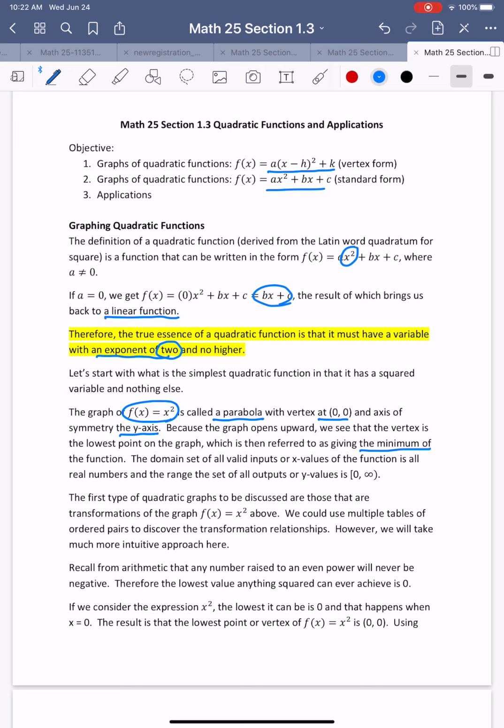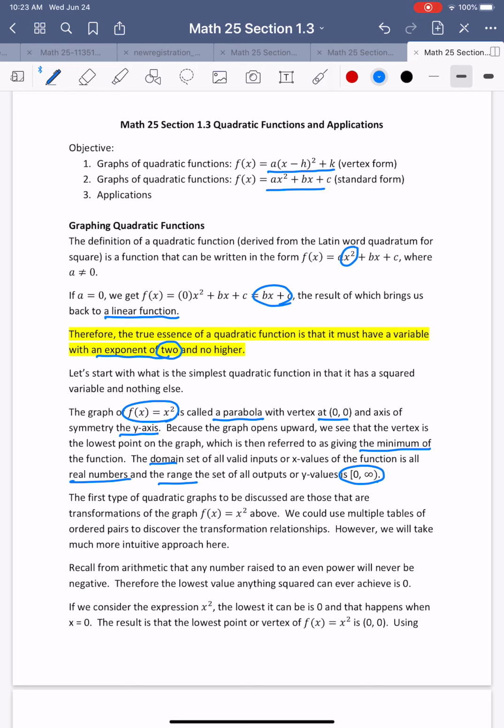So in a quadratic function, you might see a minimum or maximum value. The domain, the set of all input or x values of the function, is all real numbers, always. And the range depends on whether the graph goes from the vertex upward or downward. So here the range is 0 to infinity: always positive, and 0.